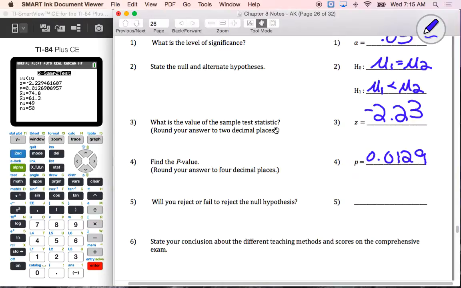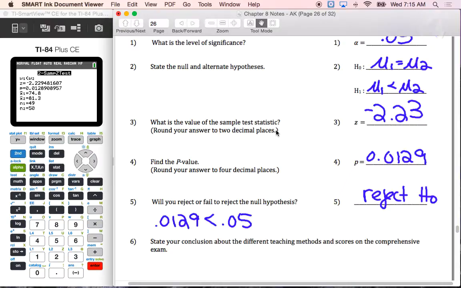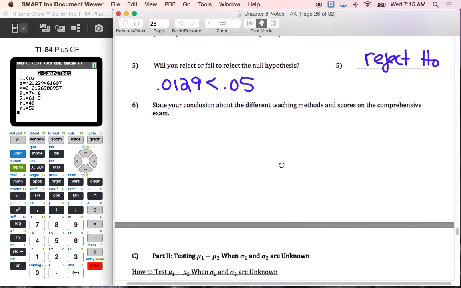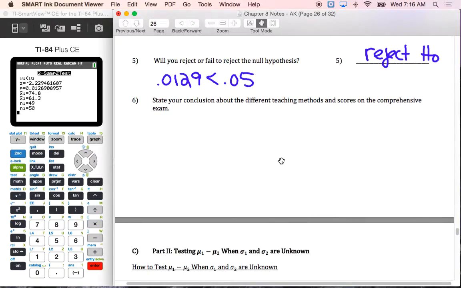Alpha is going to be on the right. P-value's on the left. So we are less than. If we're less than, we're going to reject the null. So now when I write my sentence, you're not going to include the not. So you have everything but the not to it.